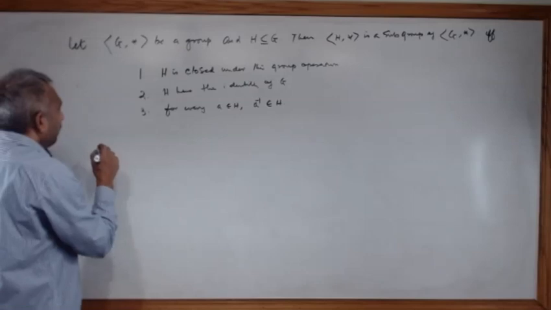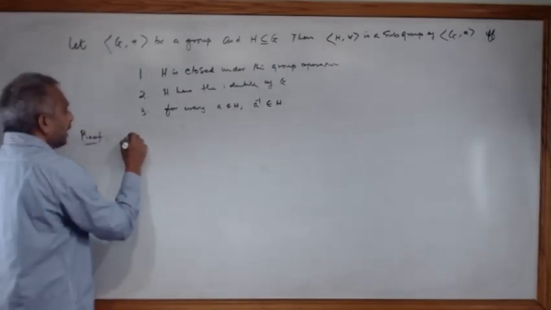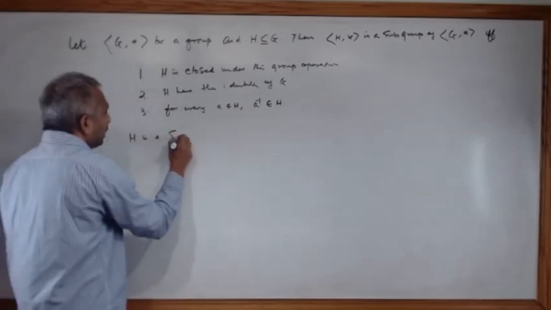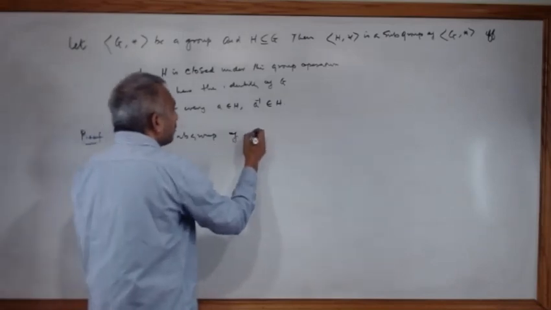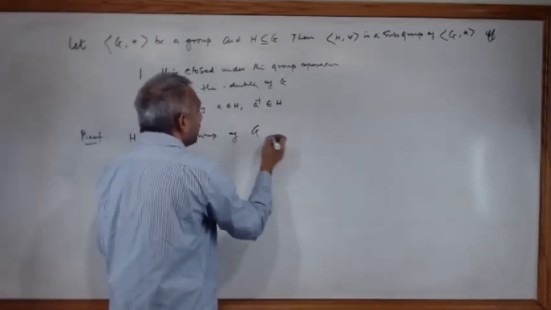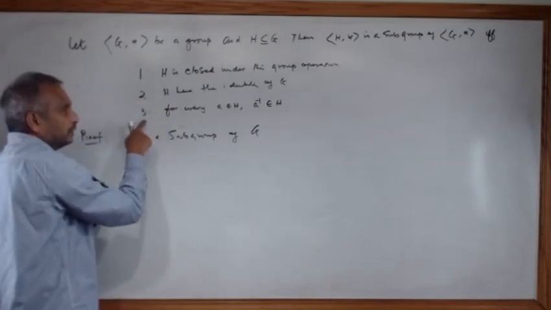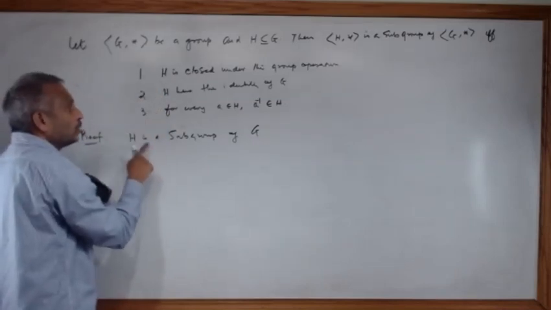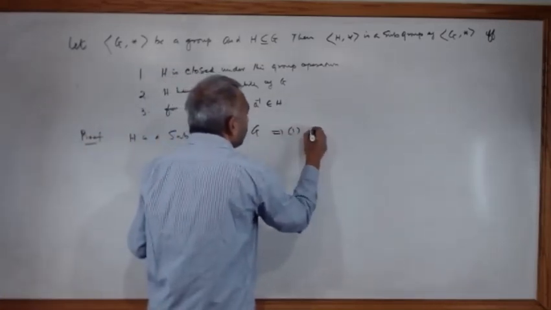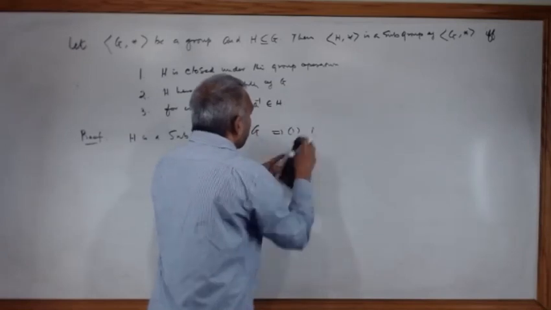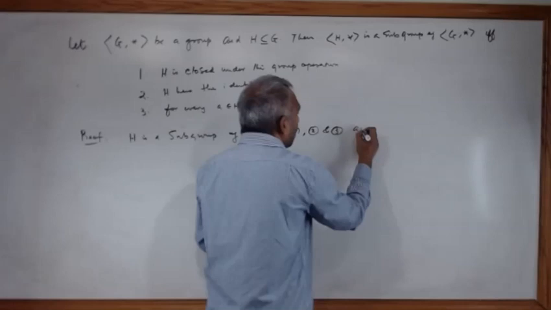The proof is very straightforward. First, we assume that H is a subgroup of G, and that definitely implies 1, 2, and 3 are satisfied, because H itself is a group.